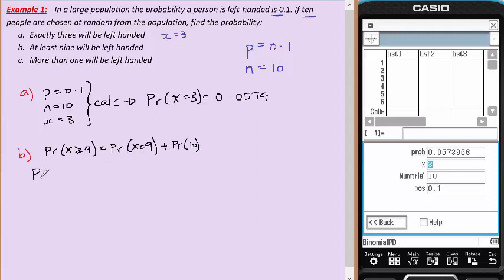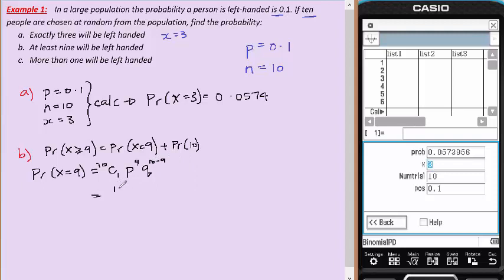Now, the probability that there are 9 will be 10C9, that's our number of combinations, times the probability of winning, so p to the power of 9 and q to the power of 10 minus 9, which will be 1.